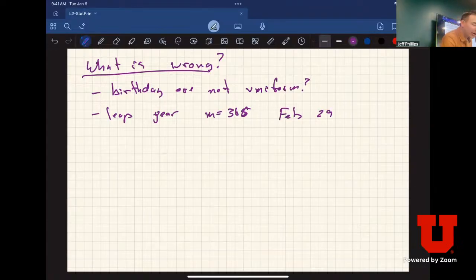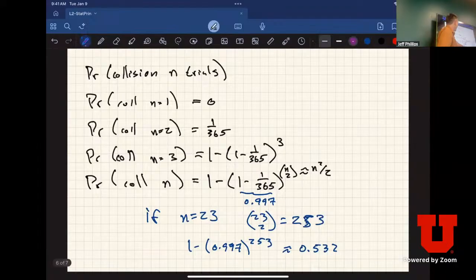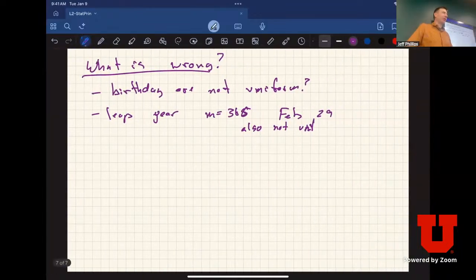So this is also not uniform. This one deviates a bit more, but it's 1 out of 366 days, so it doesn't play too much of a factor. If I do this calculation, I got 0.997, so it probably doesn't change the result too much. Okay, what else is wrong?